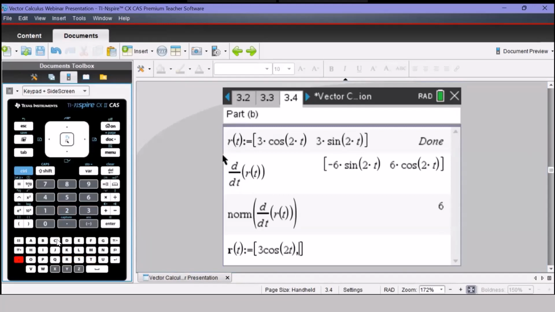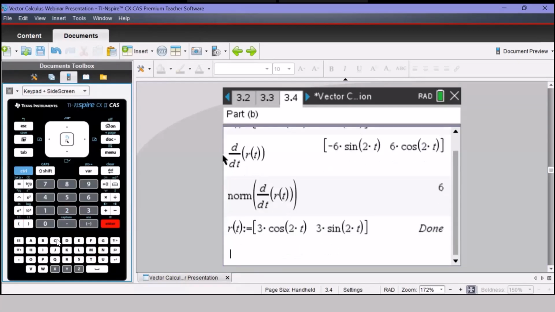So I've just entered the i component and then 3 sin 2t and then press enter. The comma disappears after you press enter. So that's basically how I assigned the position vector to be r(t).